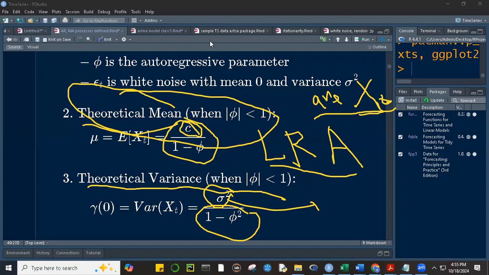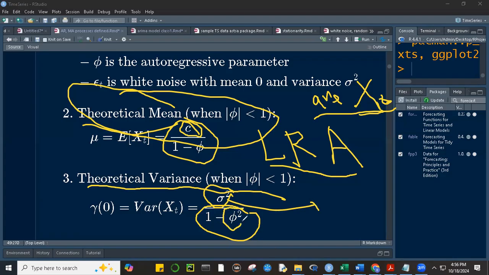Oh, madali lang yan, class. Any guess, class? Take a look at the formula. Empirical, mas malaki. Okay, tingnan natin, class, no?